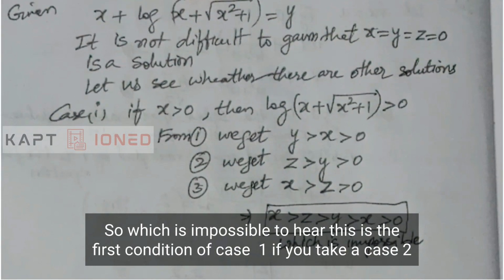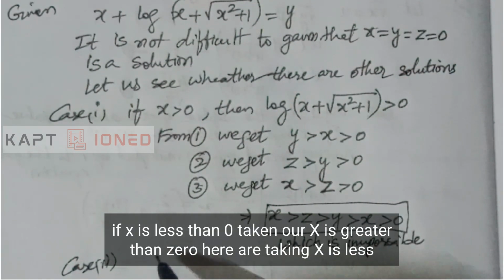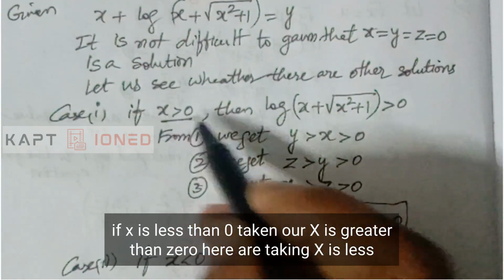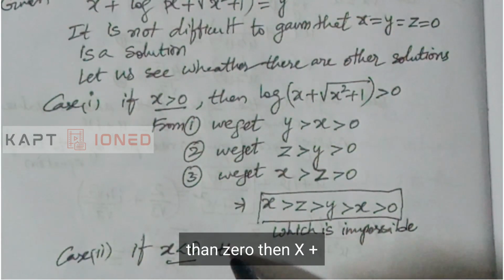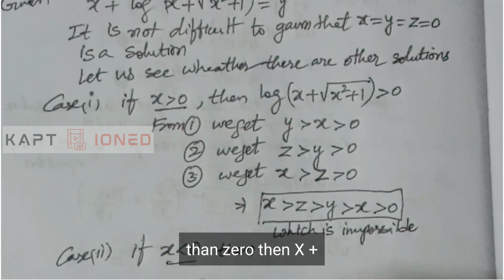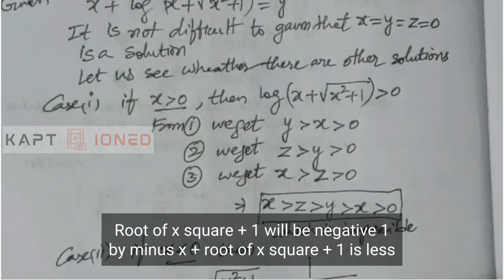So this is case 1. Now case 2: if x is less than 0. Here you had taken x greater than 0, now you are taking x less than 0. Then x plus root of x squared plus 1, which equals 1 over (minus x plus root of x squared plus 1), is less than 1.